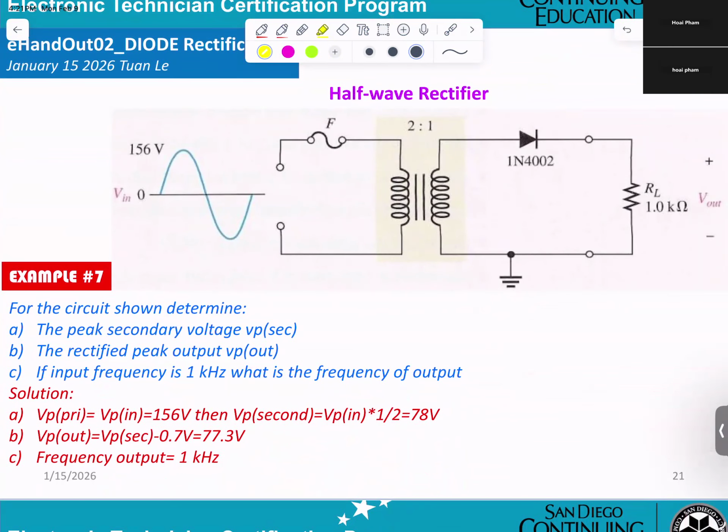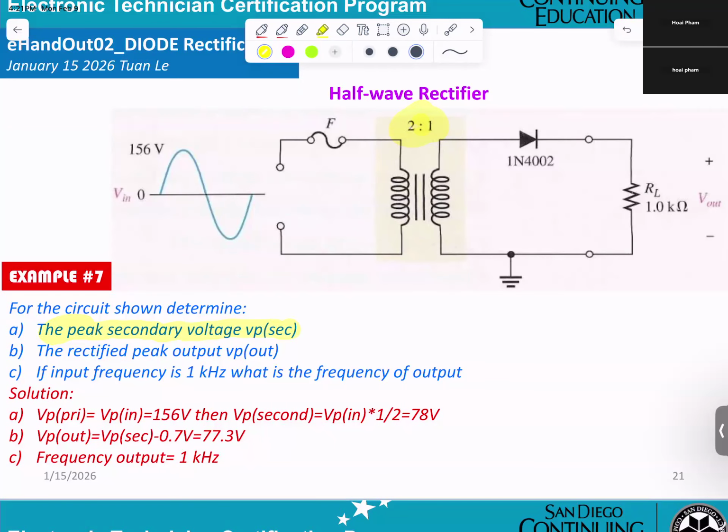Now you can see this one, transformer Q1. The wire on the primary goes to the other V1. For the circuit, determine the peak output voltage.